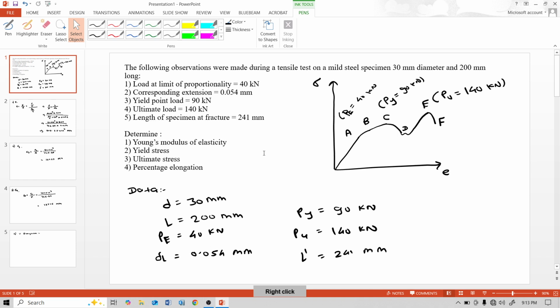The length of specimen at fracture is 241 mm, which is the final length, and our specimen length is 200 mm, which is the original length.